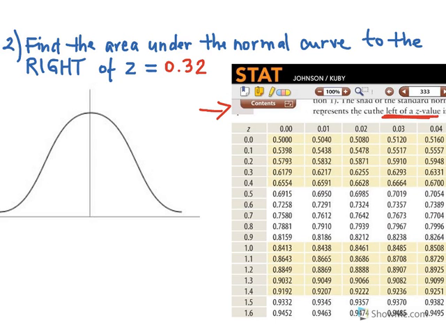Find the area under the normal curve to the right of z = 0.32. We know that the mean is 0, one standard deviation is right over here, so 0.32 would probably be somewhere over here.